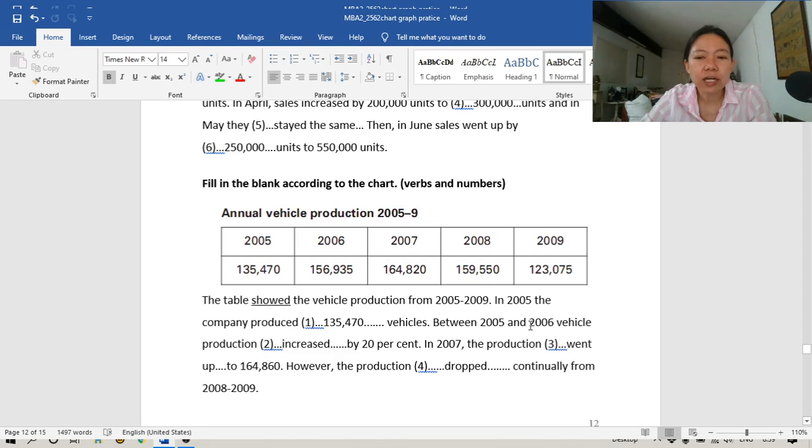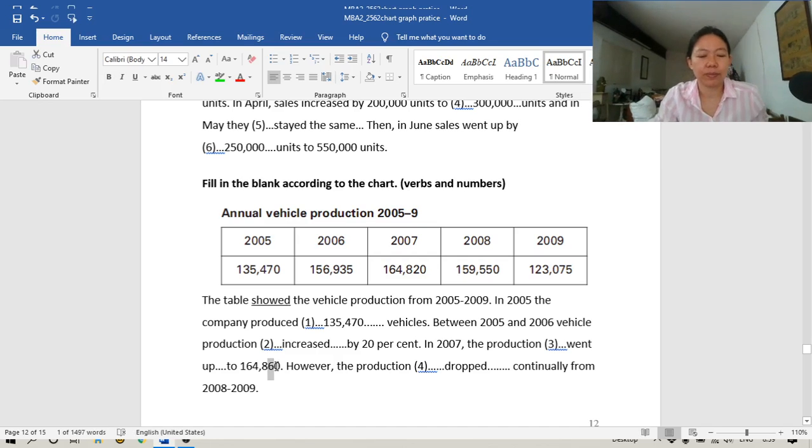Between 2005 and 2006, vehicle production increased by 20%. In 2007, the production went up to 164,820. Oh, sorry, here. However, the production dropped continually from 2008 to 2009.